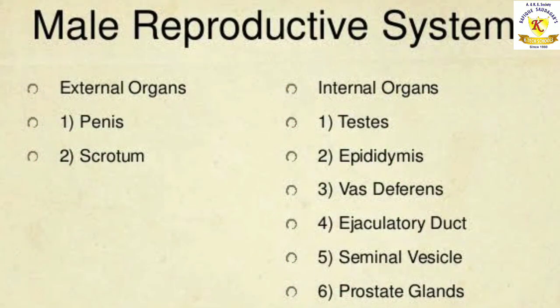The male reproductive system: the external organs are the penis and scrotum, and the internal organs are the testes, epididymis, vas deferens, ejaculatory duct, seminal vesicles, and prostate gland.